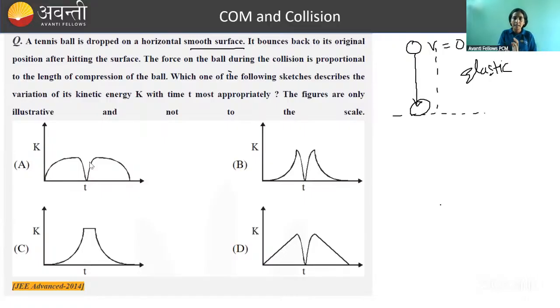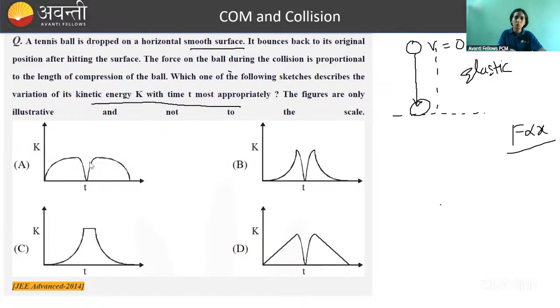And when it is bouncing back, that compression is again restored to its original shape, I would say. So no compression finally when the ball is going up. That is why it is able to rise to the same position. The force on the ball during the collision is proportional to the length of compression. Which of the following sketches describe the variation of kinetic energy K with time t?